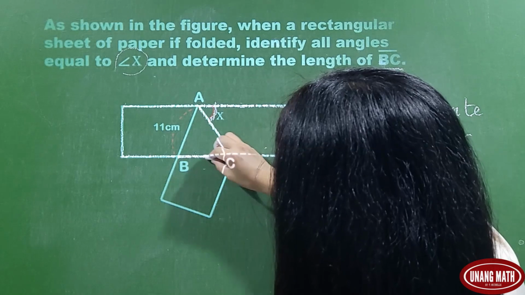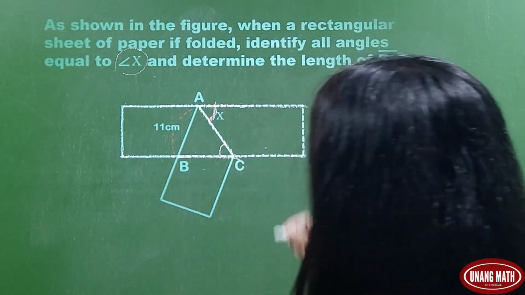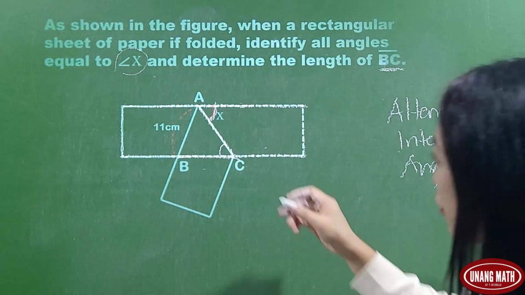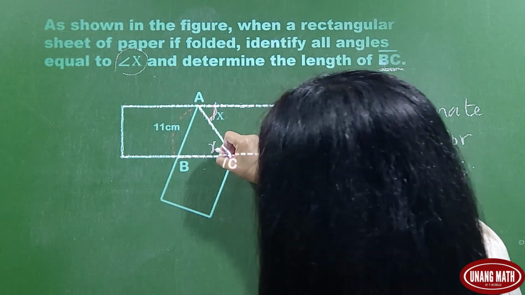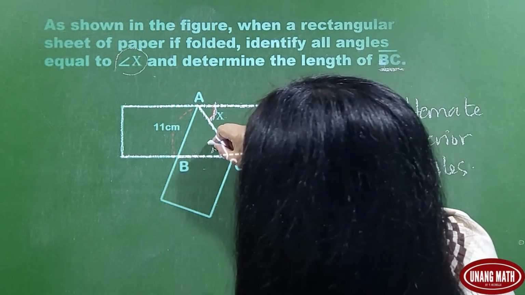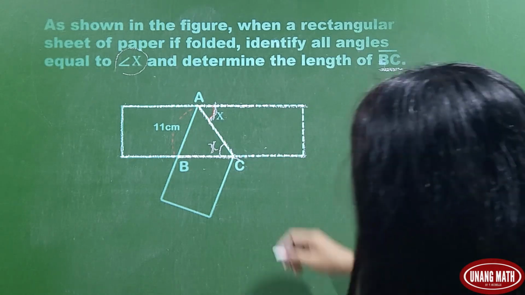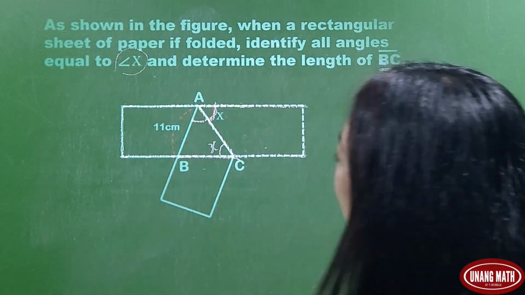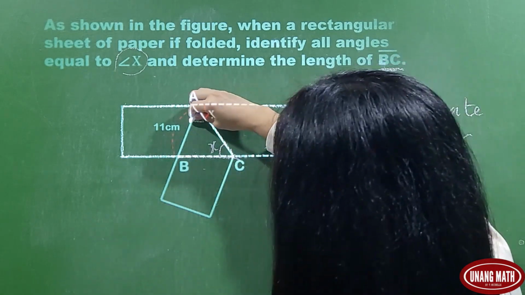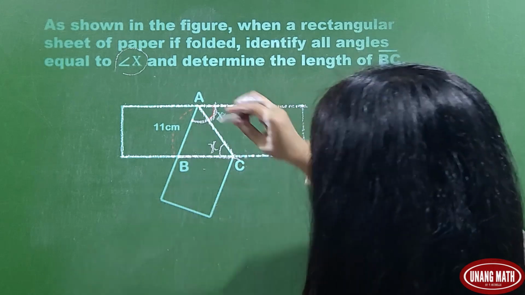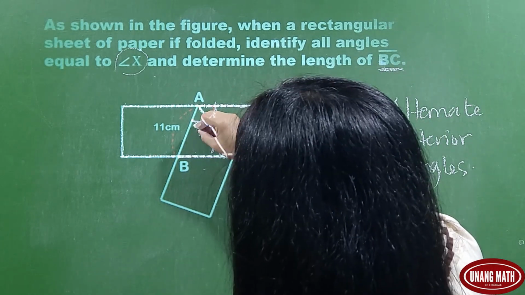It means the interior angles, this angle and this angle, are equal in measure. So if this is angle X, then this is also angle X. Now, what about this angle? If we unfold this paper, this angle is also angle X.